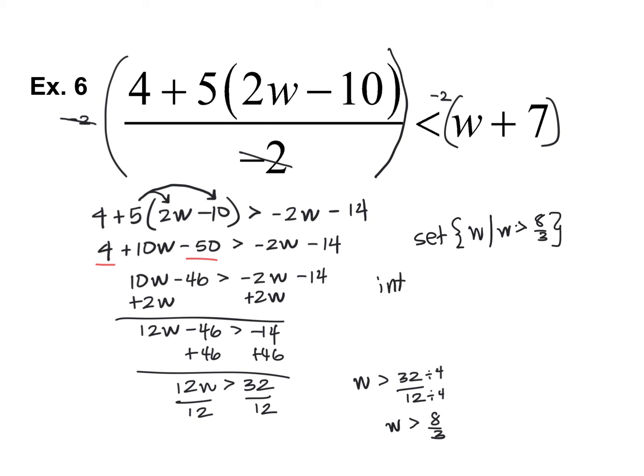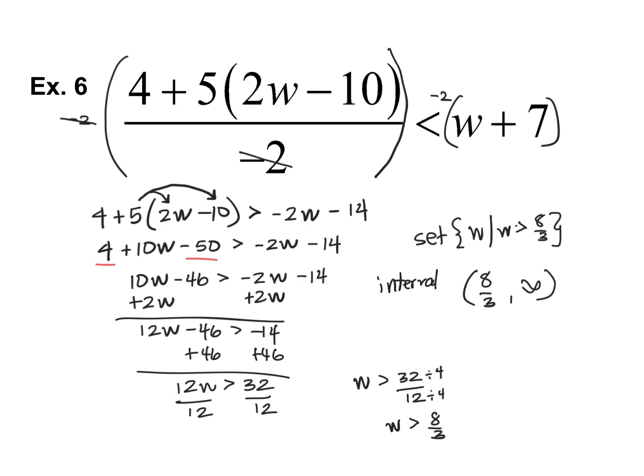Interval notation, I have 8 over 3 comma positive infinity, and I have parentheses around both of them because this inequality doesn't have the equal sign, so I do not include a bracket. That means 8 over 3 is excluded from my solution. Okay.